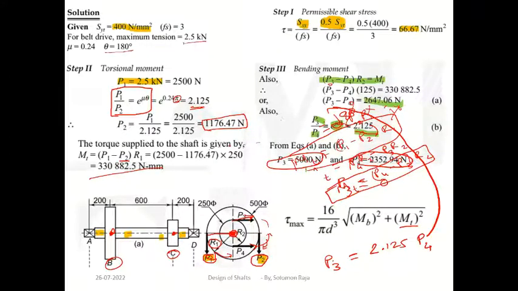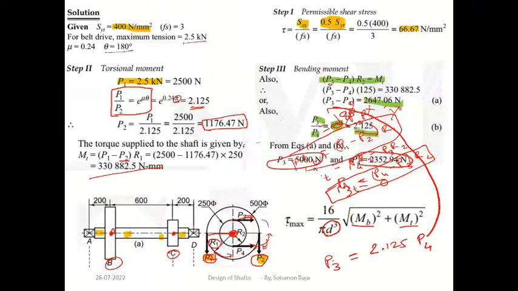Now we have to find out the MB value. I am telling you again from the beginning, the formula is tau max by 60 equals 16 divided by pi d cube into the square root of MB square plus MT square. We have to find out this d cube value, that is, the diameter.